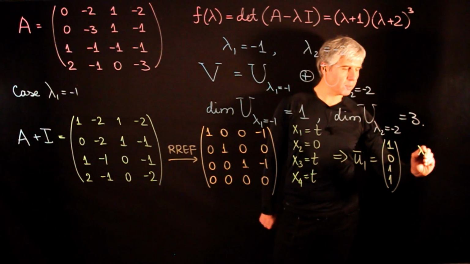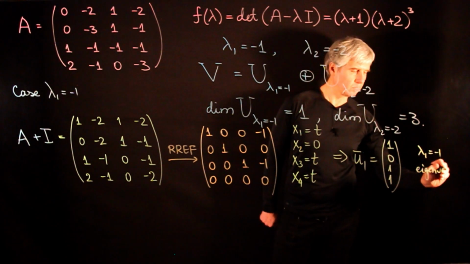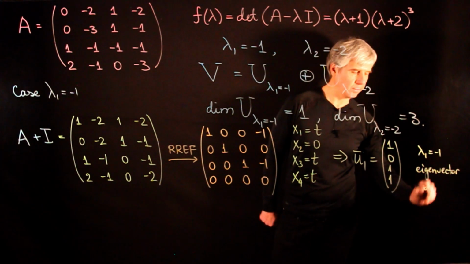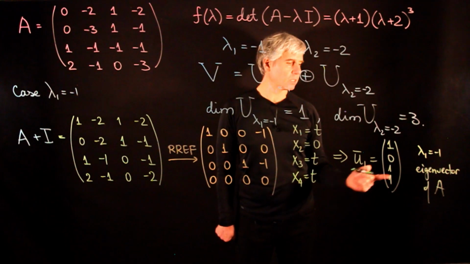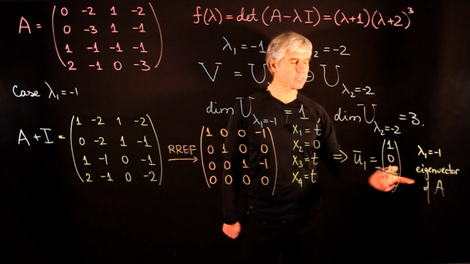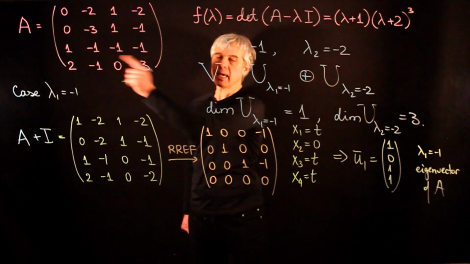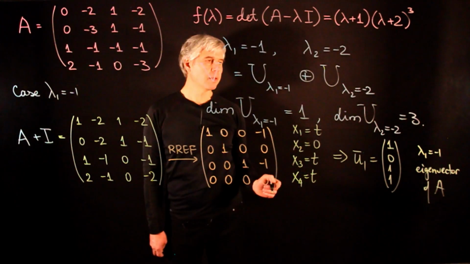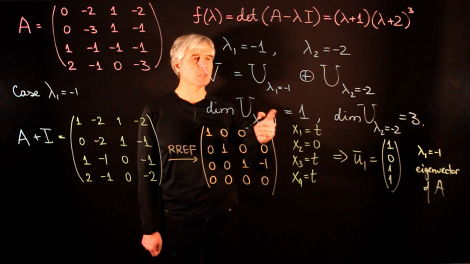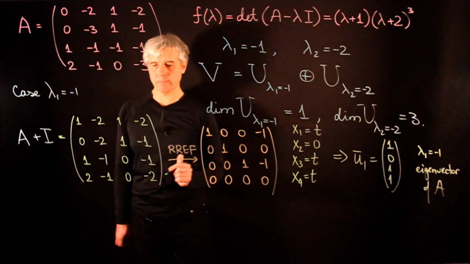This is the lambda equals -1 eigenvector of A. When computing eigenvectors, it's very easy to verify that the answer is correct. So we just multiply this vector by matrix A, and we should get the opposite of this vector. This completes the calculations that we need to carry out for the first root space.